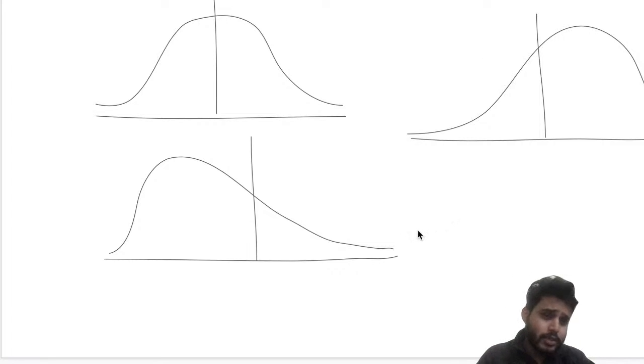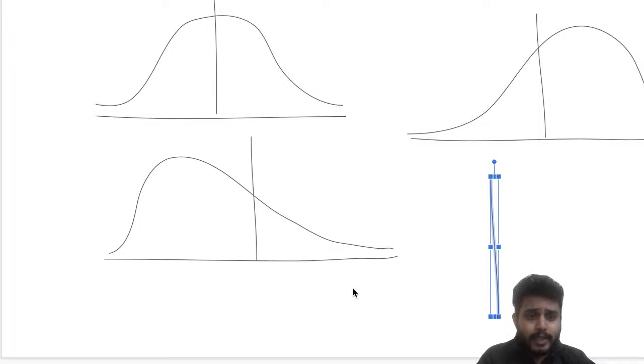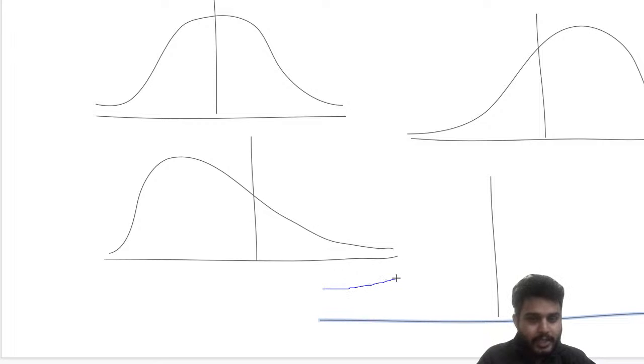Now, what is kurtosis? Kurtosis is a term to describe the extreme outliers which you see, and what their probability is. Is the probability too high or too low?